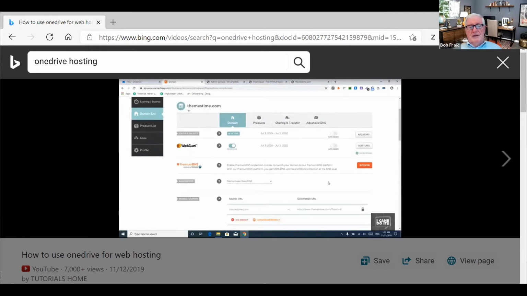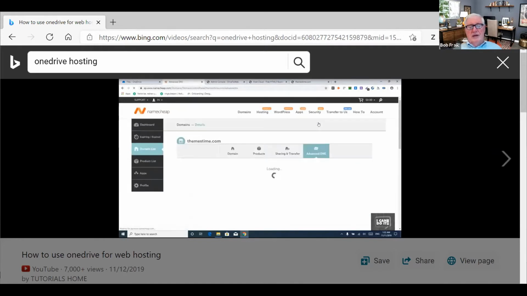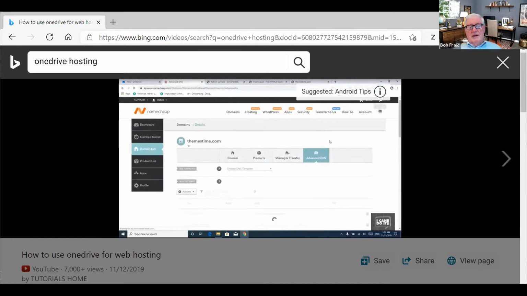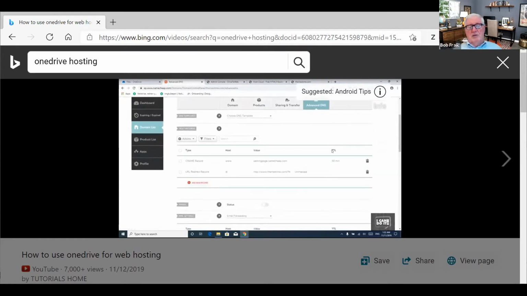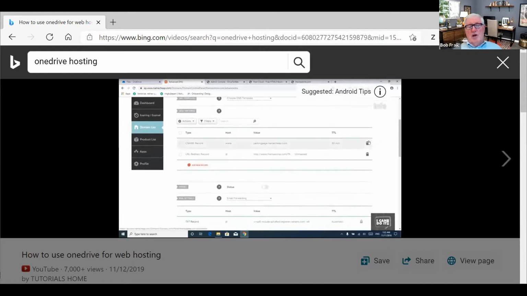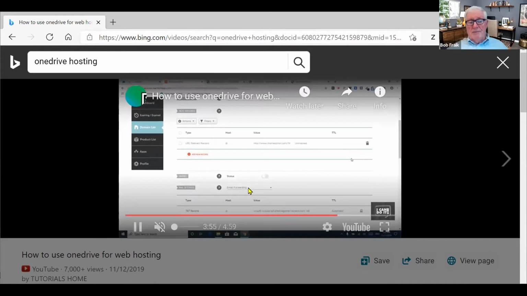That's something that I'm still concerned about. How do we ensure that the website's going to be available a long time in the future? Because I think that's what some of us want to do.